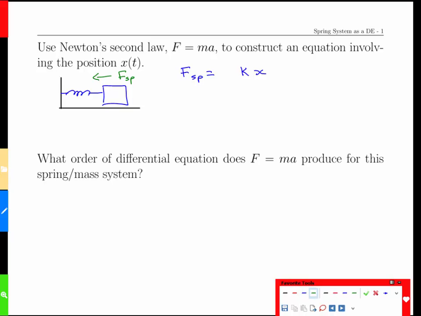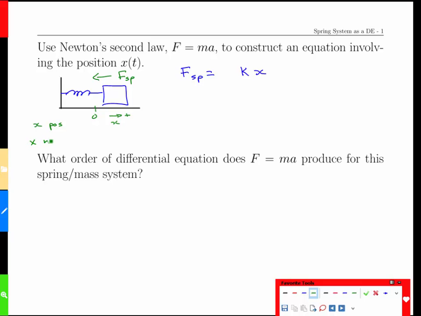But one quick note: if we talk about the displacement x being in the positive direction, then the spring force is going to act in the opposite direction. If I stretch the mass out to the positive side, the spring force is going to fight it and make it negative.